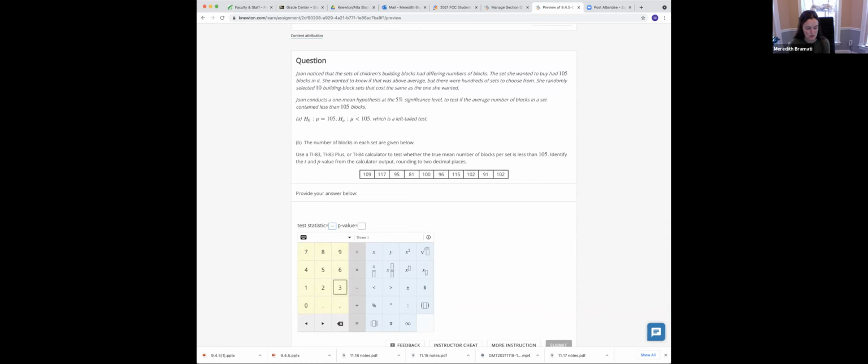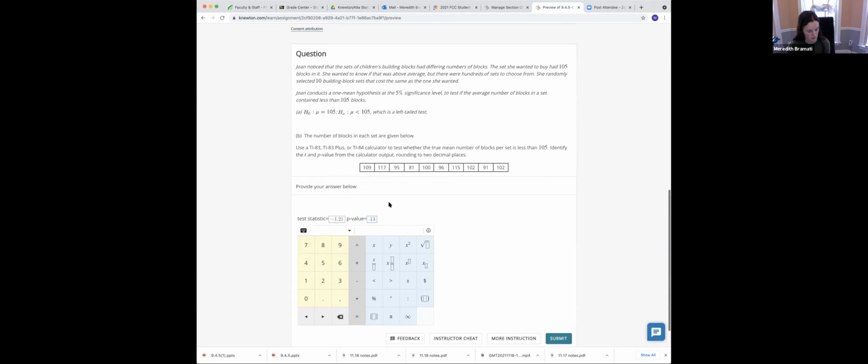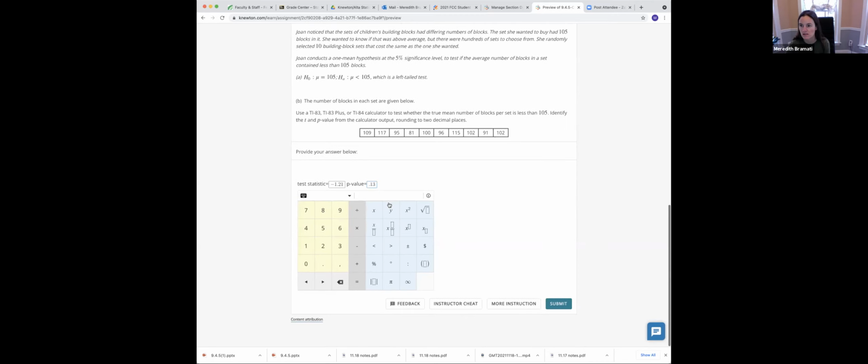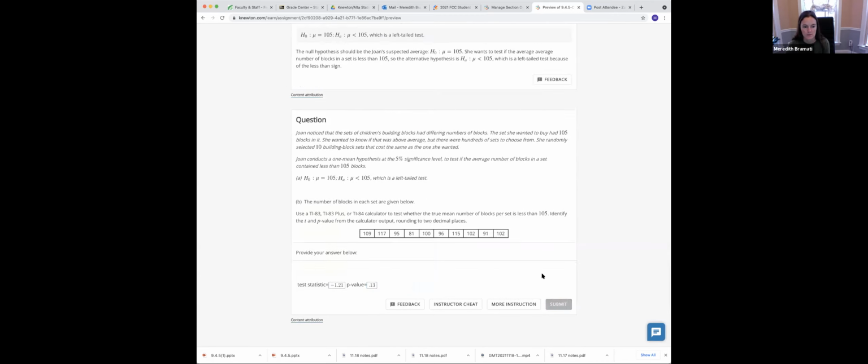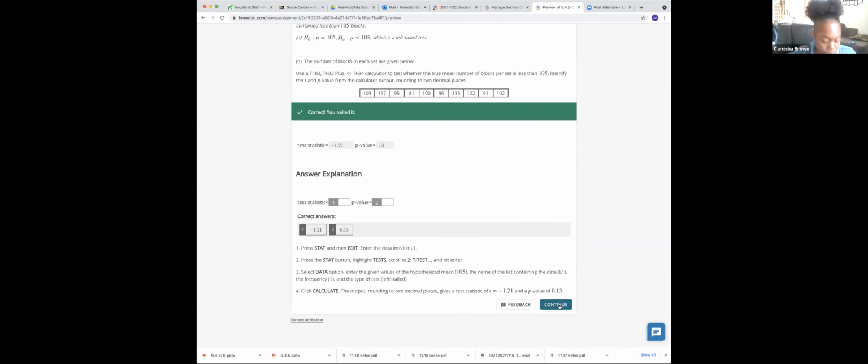And it's 2 decimal places. Did anybody get negative 1.21? I did. Okay, and our p-value, we get 0.13 when we round it to 2 decimal places. We are correct, and it tells you how.